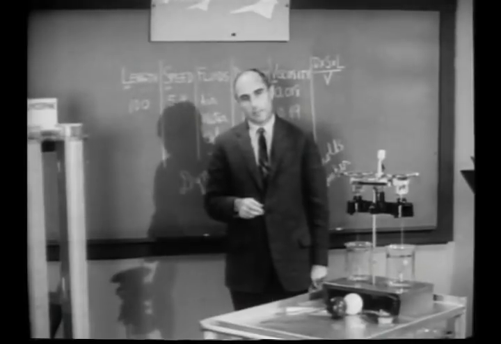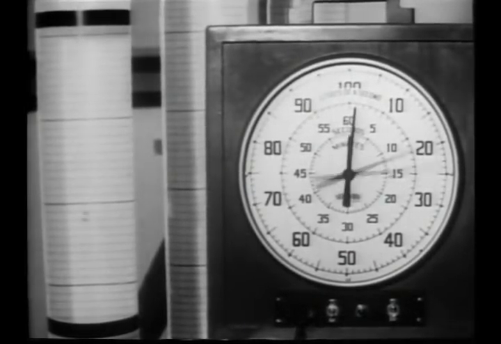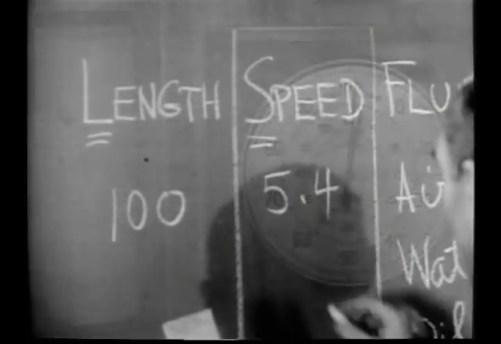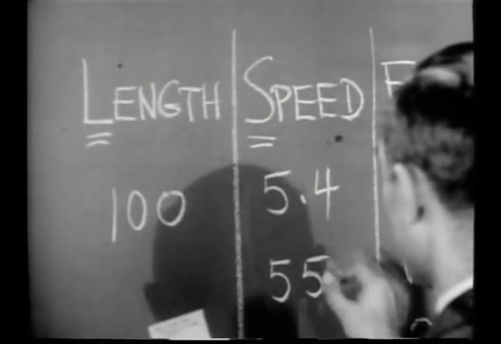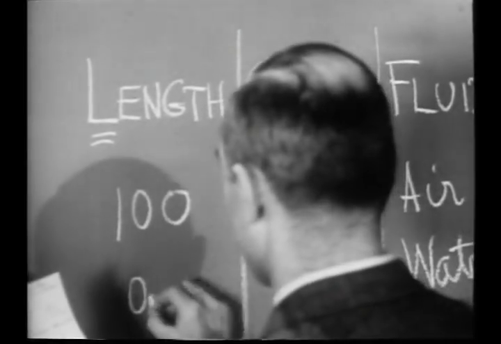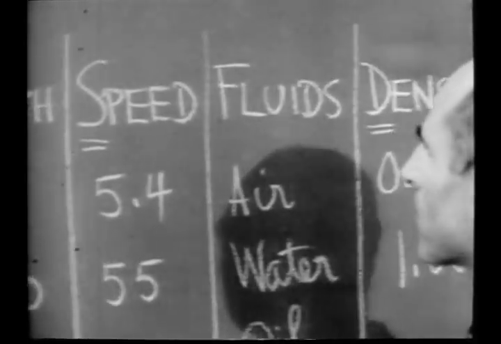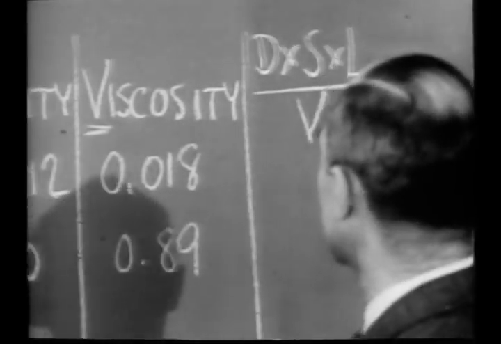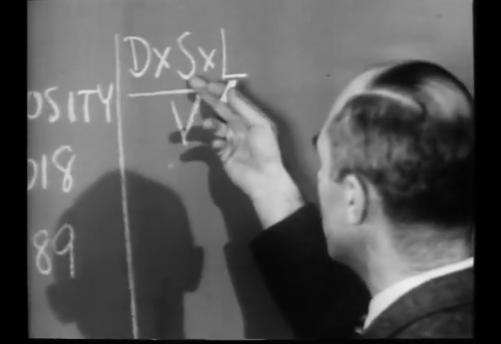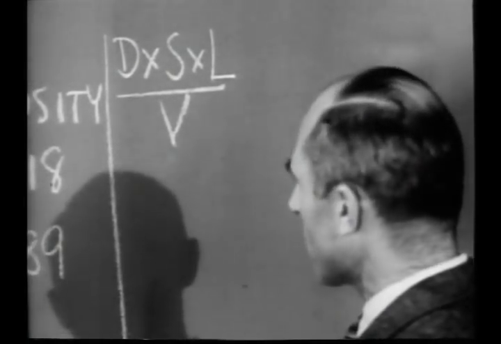We dropped the plastic ball in water and measured its terminal speed of descent. It was 55 centimeters per second. And you recall that the diameter was 0.60 centimeters. Now we may combine these numbers for the density, the speed, the length, and the viscosity, according to the Reynolds number formula.